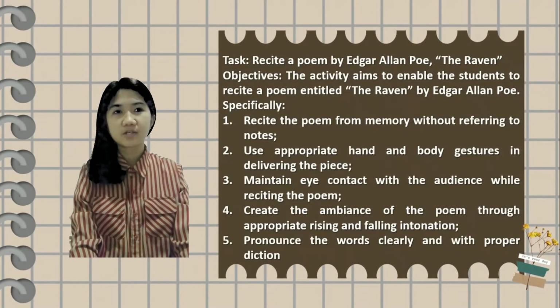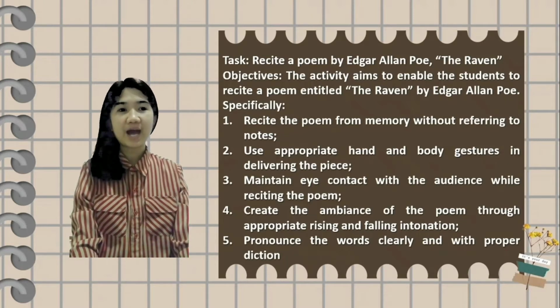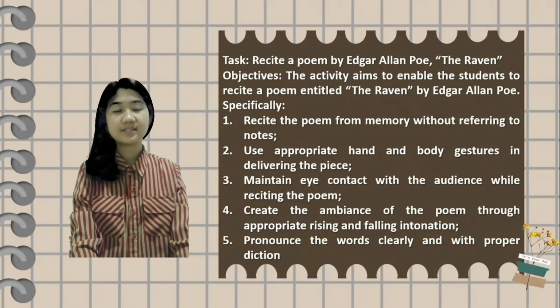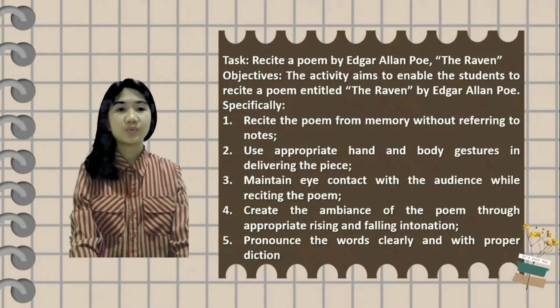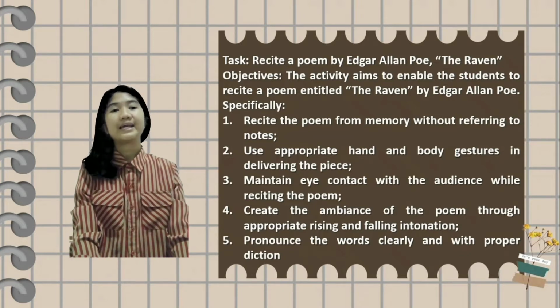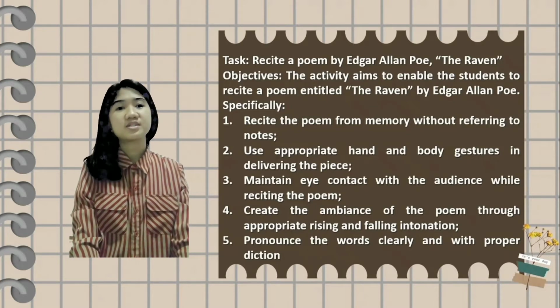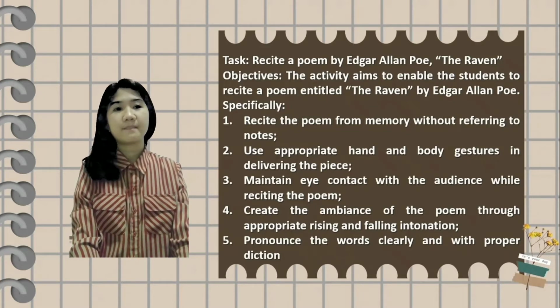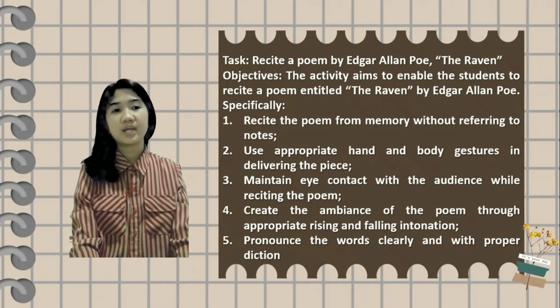So for example, the task is to recite a poem by Edgar Allan Poe which is entitled The Raven. For the objectives, the activity aims to enable the students to recite a poem entitled The Raven by Edgar Allan Poe. Specifically, the process of reciting the poem must be: first, recite the poem from memory without referring to notes.